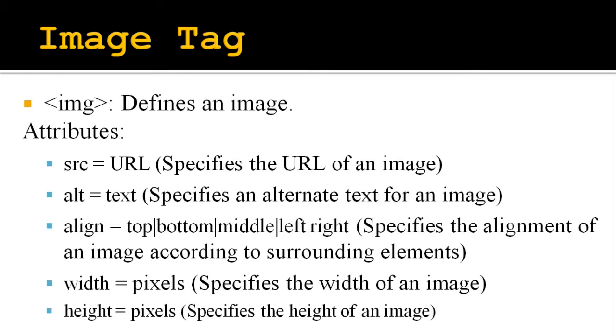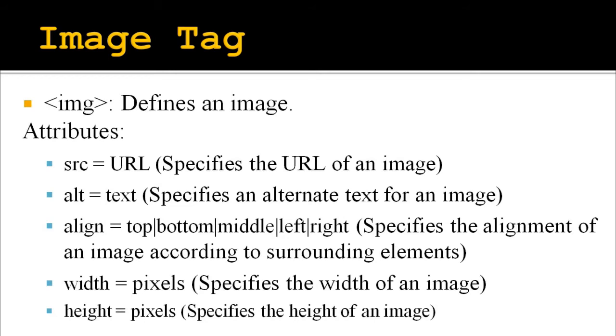And if you want to position your image on the left or right, you have to use the align attribute. An align attribute consists of 5 values: top, bottom, middle, left, right.